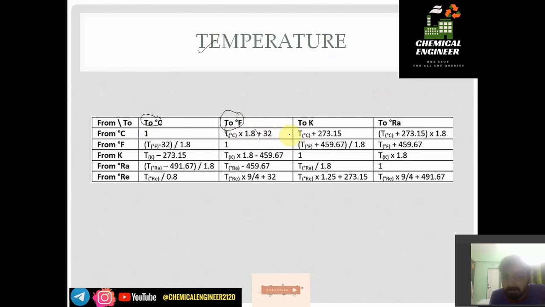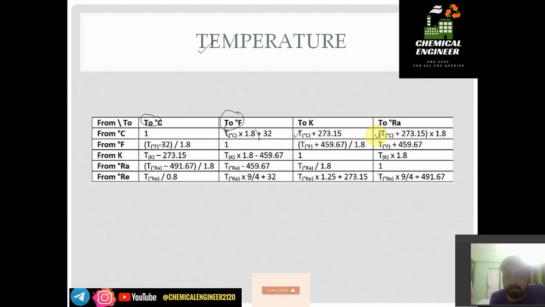Similarly, to Kelvin, we add 273 to degree Celsius. To Rankine, we multiply the Kelvin answer by 9 by 5 or 1.8.